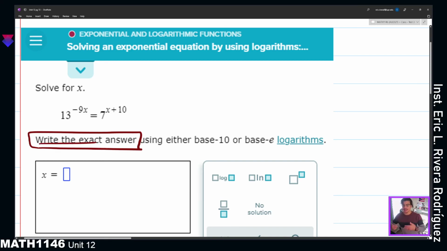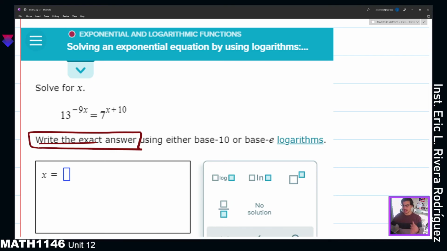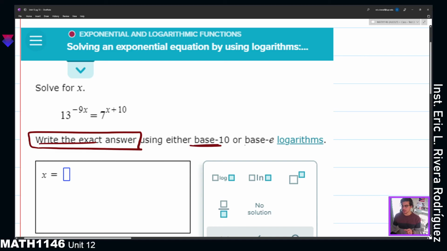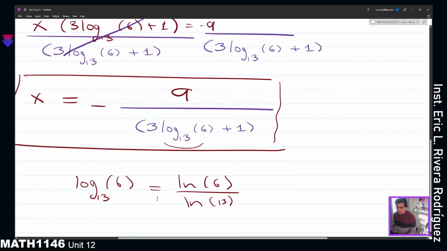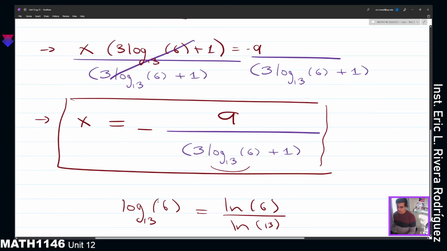The exact answer will be an answer where you are going to use log base 10 or log base e. The exact answer on the previous exercise is this one, because I'm just writing the expression of that value completely.